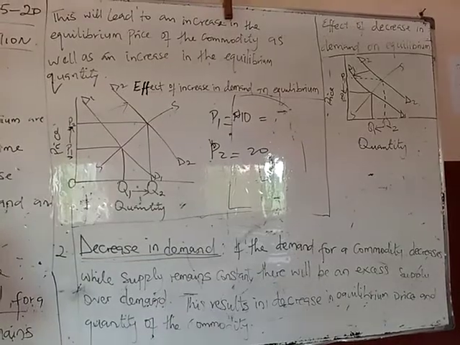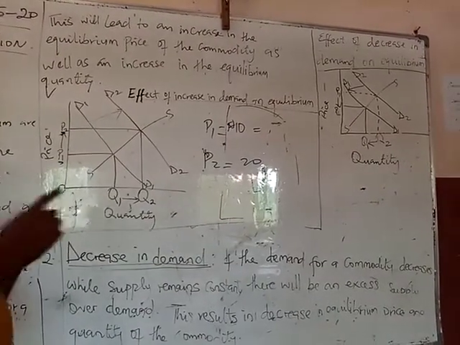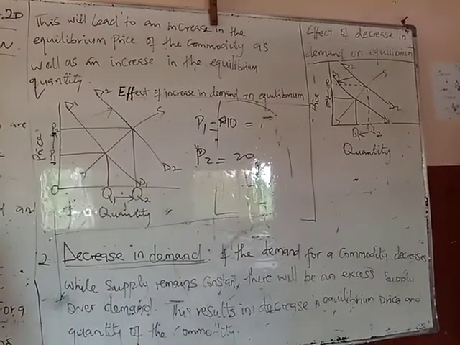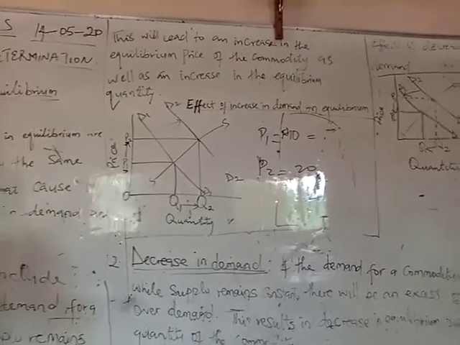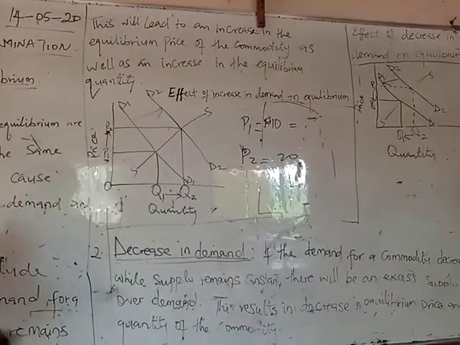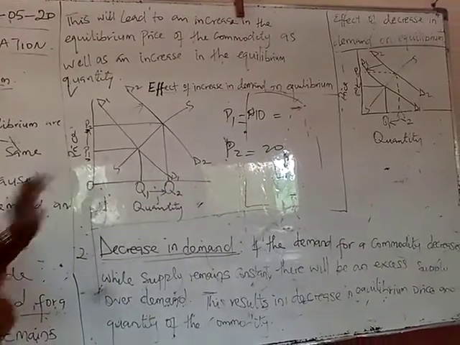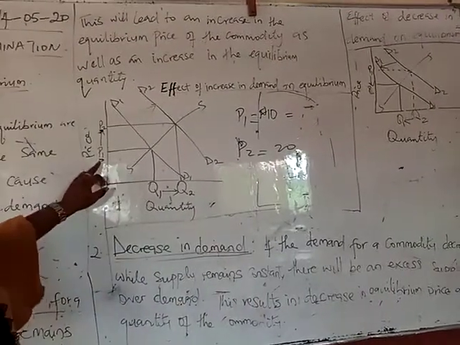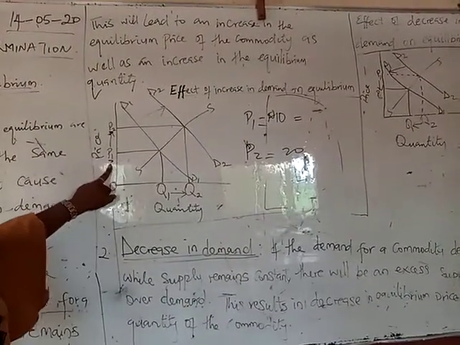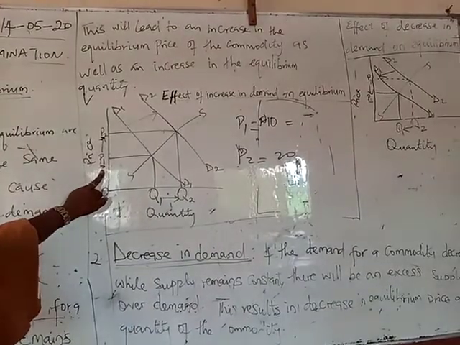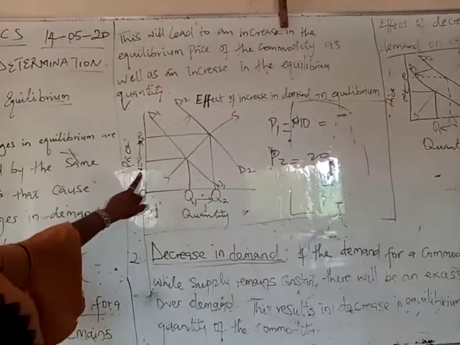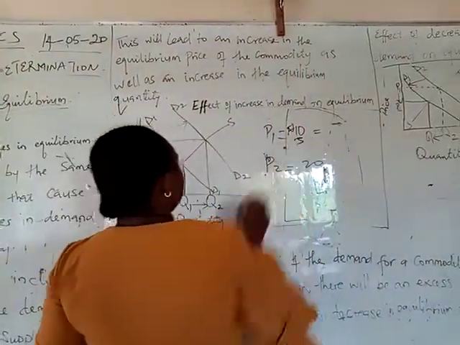Now, if this is P1 and this is P2, and we have an increase in demand, what this simply means is, at the initial time, when all things are equal, the price of a loaf of bread is 10 naira.